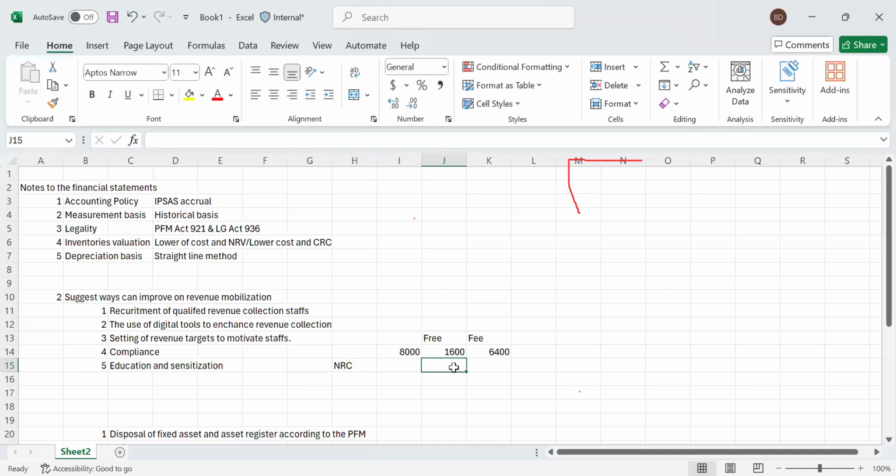That's for this one, while that of the second category is 1.8 million, that is 1,800.